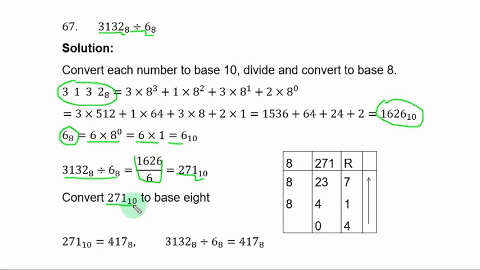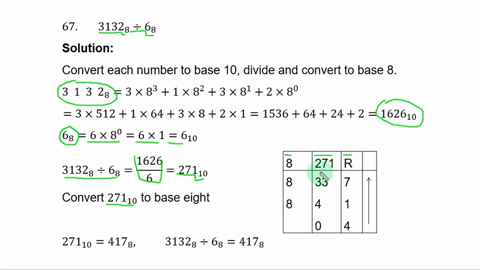When converted from base 10 to a lower base, the procedure is continuous long division, and you show that in a table. This is 271. Then you have the 8 column and the remainder column. Then you carry out the division. You do that continuously until the last result or quotient is 0.